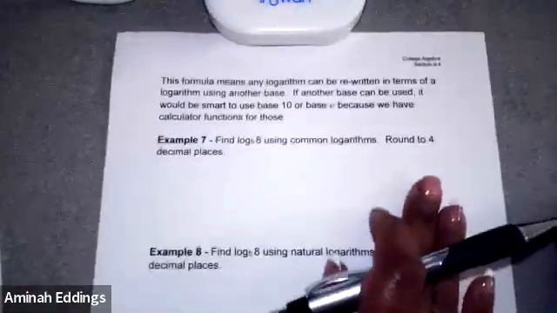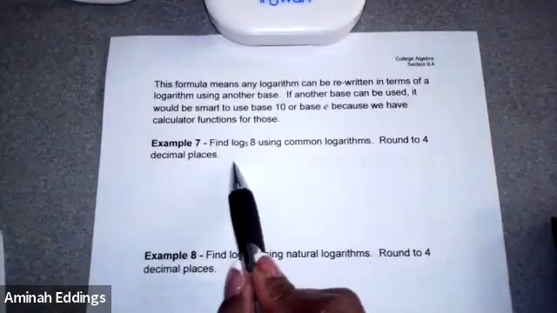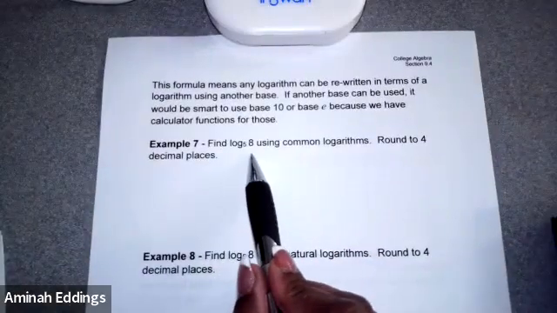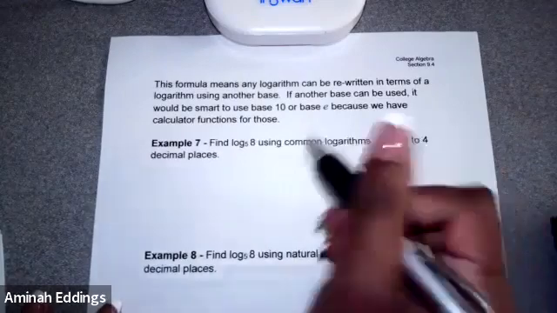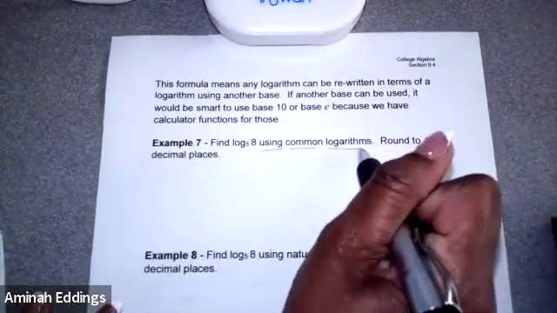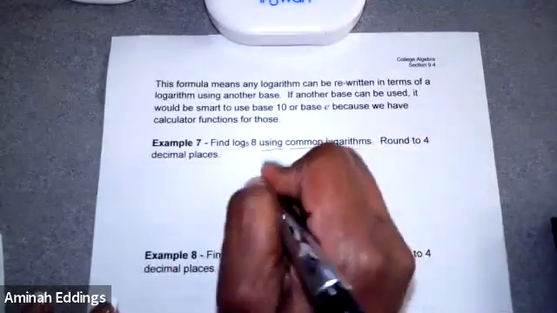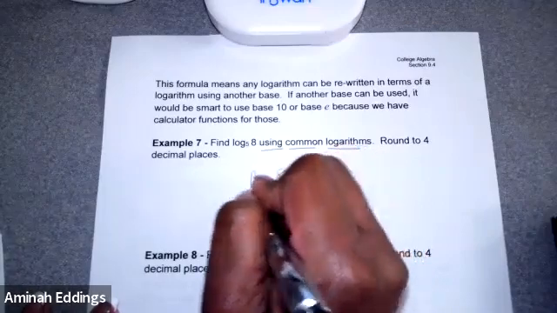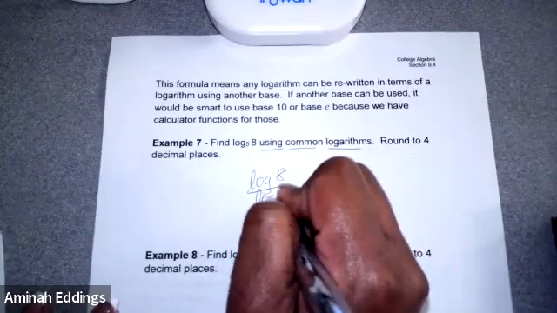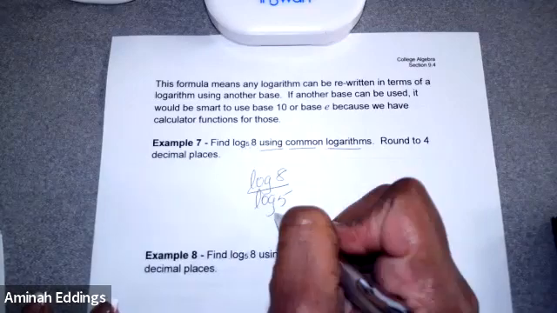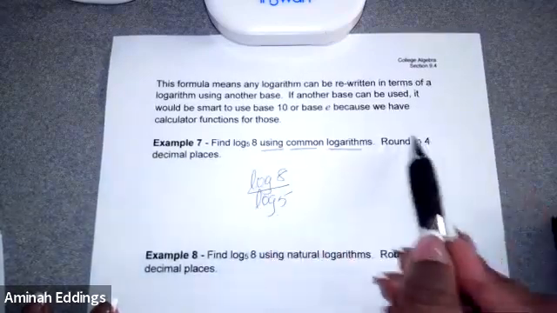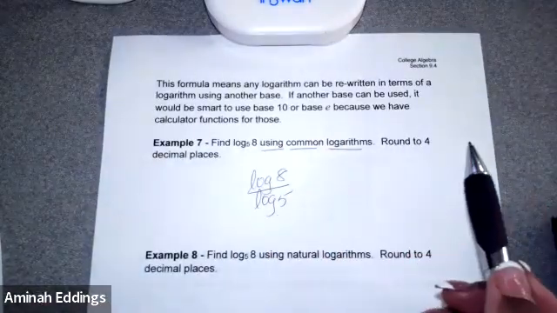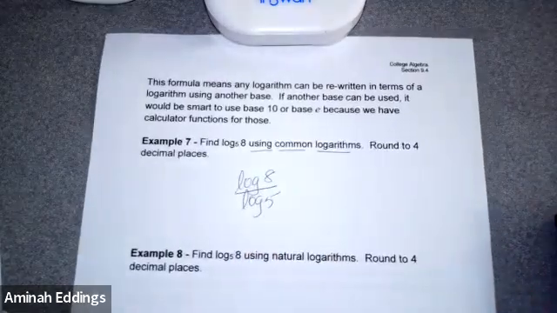Okay, so example 7, there's our log base 5 of 8, and using common logs is exactly what we just did. So it would be log 8 over log 5. Remember, base on bottom. And it's asking us to round to 4 places.